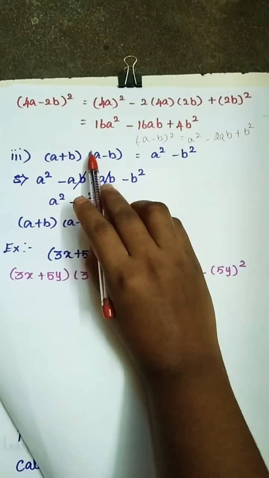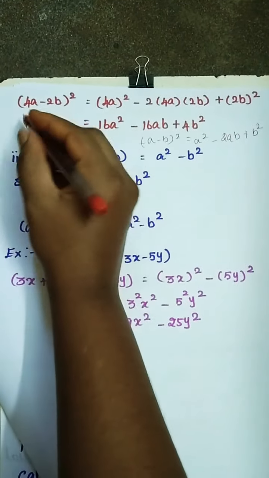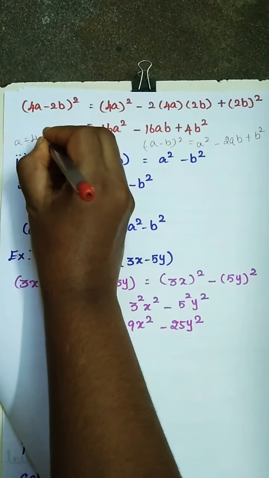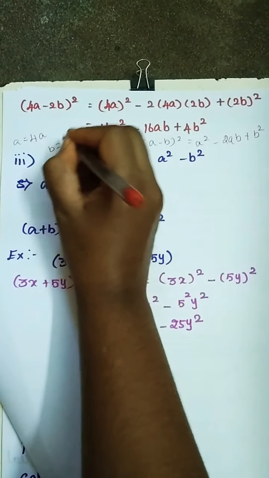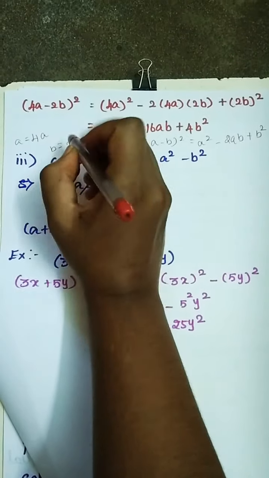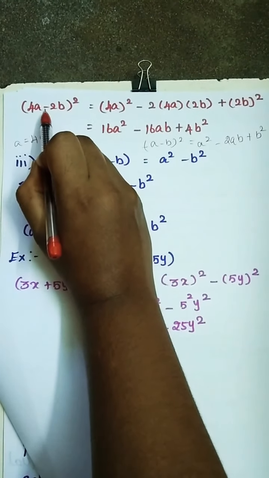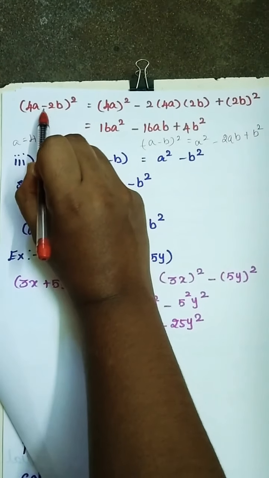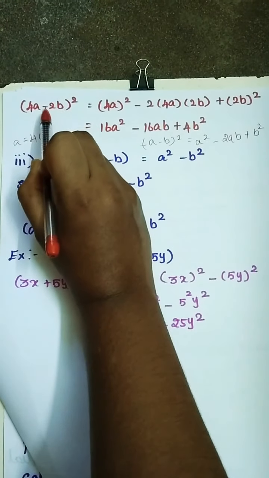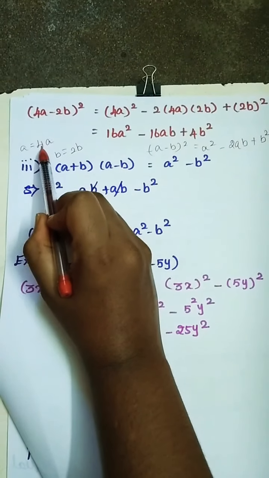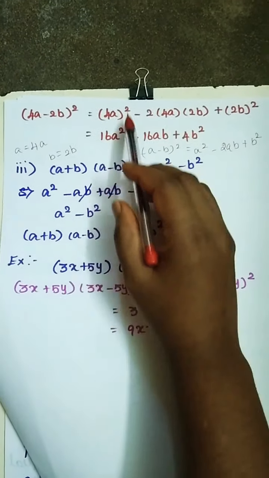Next is substitute the values. a is equal to 4a, b equal to 2b. Here don't mention the minus sign. This is the formula (a minus b) the whole square. a equals plus 4a, b equals plus 2b.